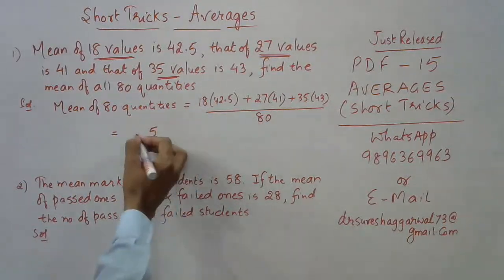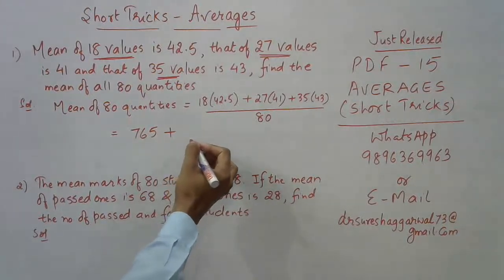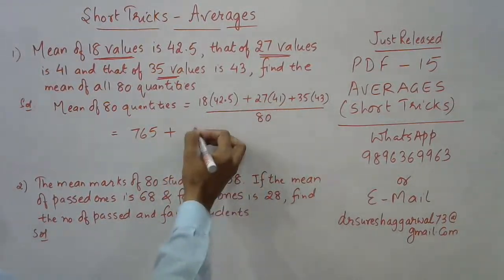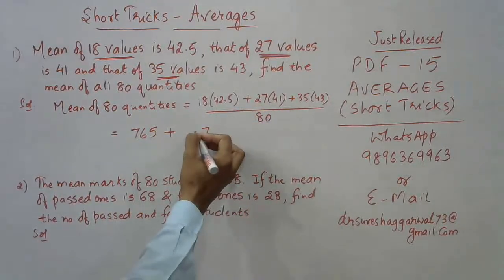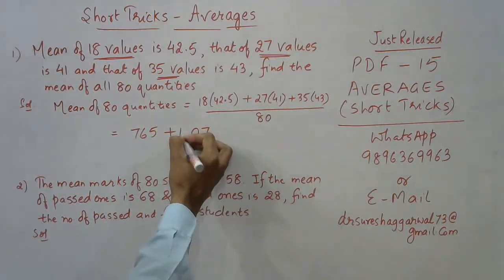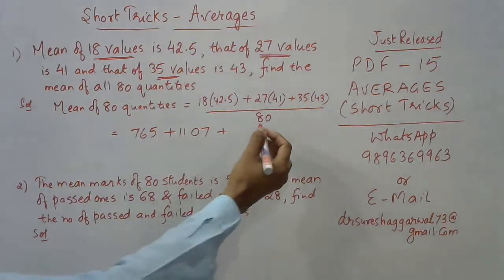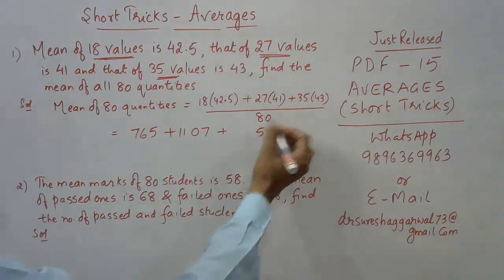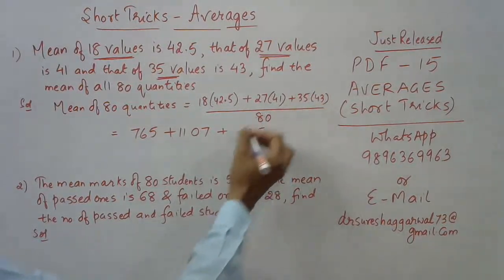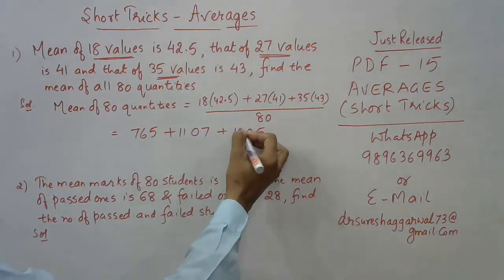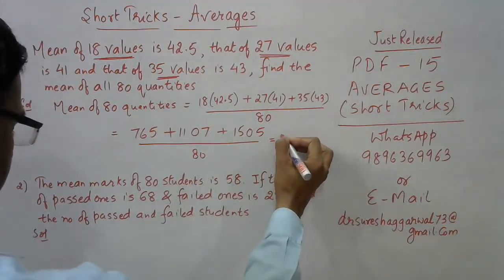Then we have 765, plus the second one, 27 into 41, which is 1107. See, I'm doing everything orally. Again, this is the calculation you need to do. Then 35 into 43 is 1505, upon 80.